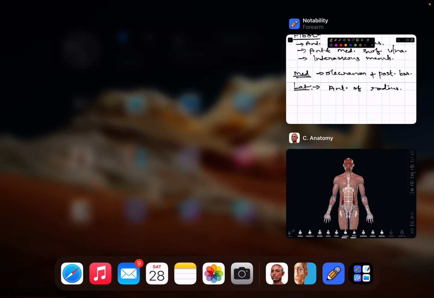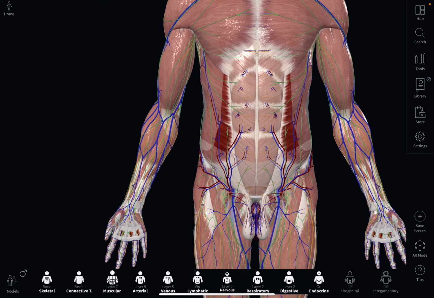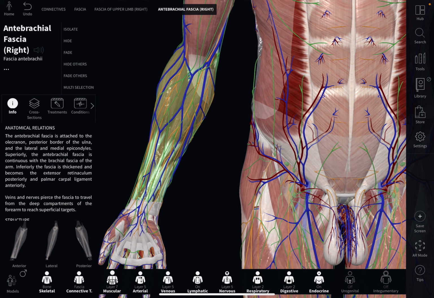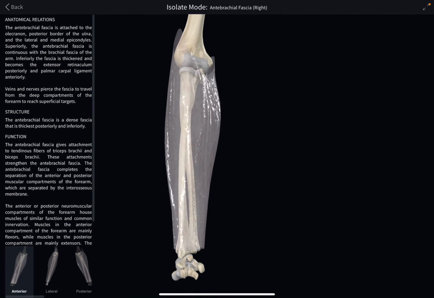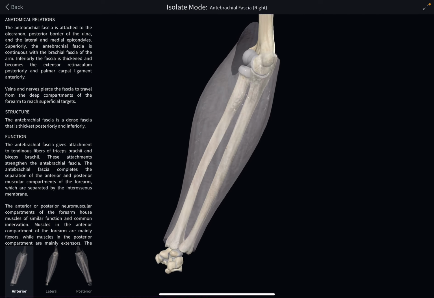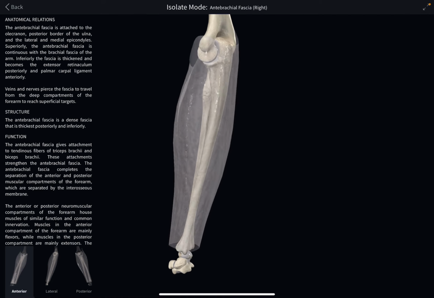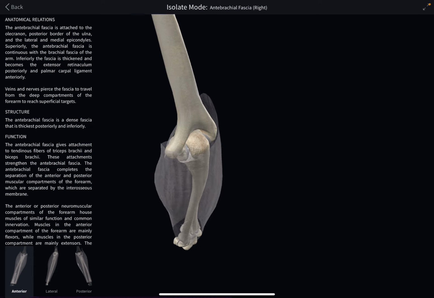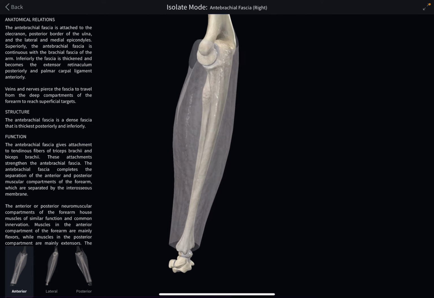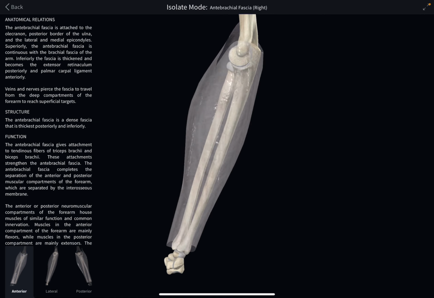Now let us take a look at the anterior compartment of the forearm. So here is the forearm that stretches between the elbow joint and the wrist joint, and it is covered by this fascia, known as the antebrachial fascia. It's like a sleeve that encloses all the muscles, vessels and nerves of the forearm. You can see it is attached to the bones of the forearm, especially the olecranon process of the ulna and the subcutaneous posterior border of the ulna.